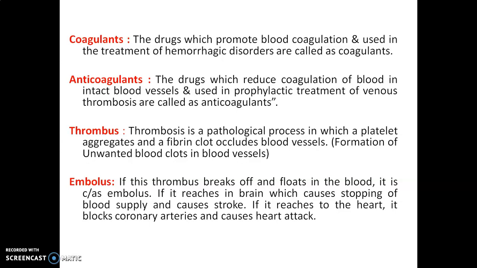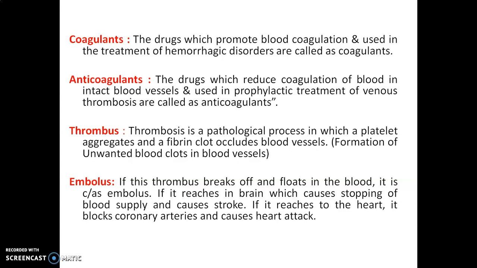What is thrombus? Thrombus or thrombosis is a pathological process in which platelets aggregate and a fibrin clot occludes blood vessels. That simply means formation of unwanted blood clots in the blood vessels. Now what is embolus or embolism?